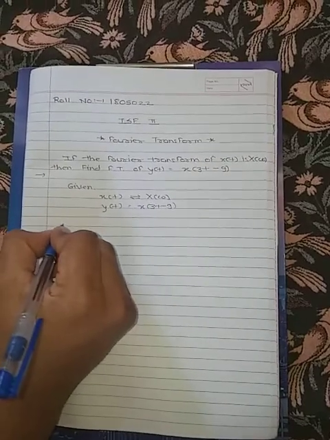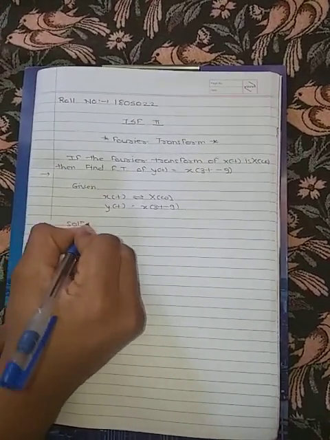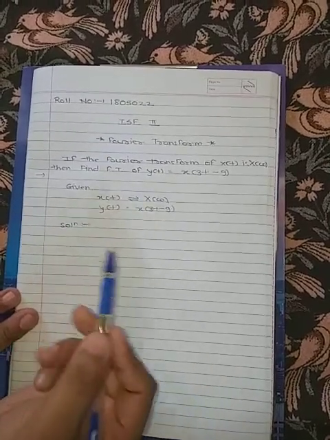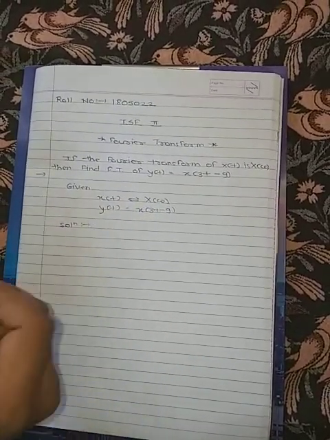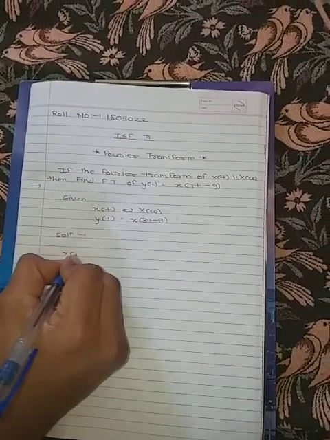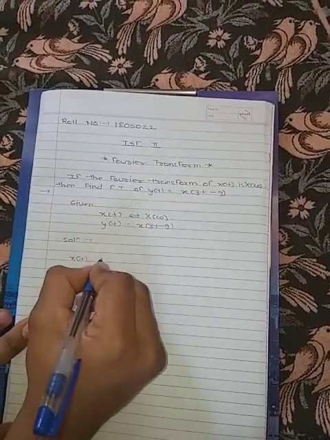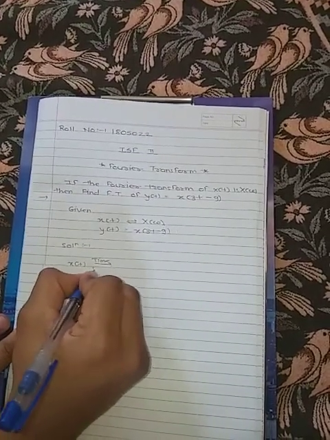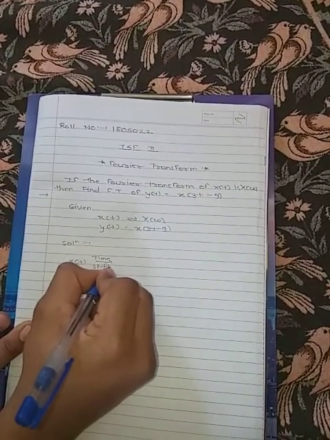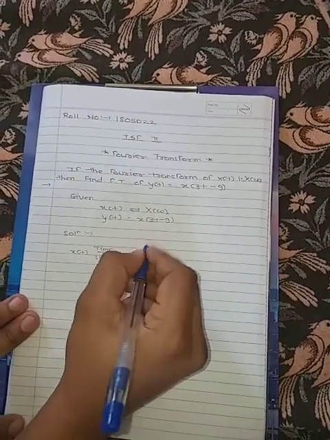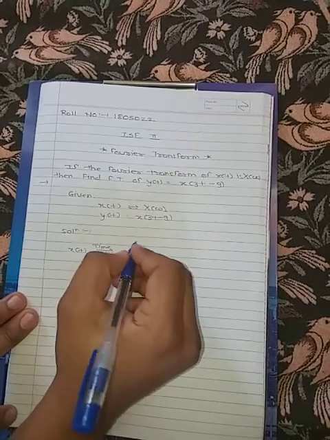So solution, we are going to apply the properties we discussed recently to the x of t. First, we are going to apply time shifting property. Then we get the factor we have is 9.